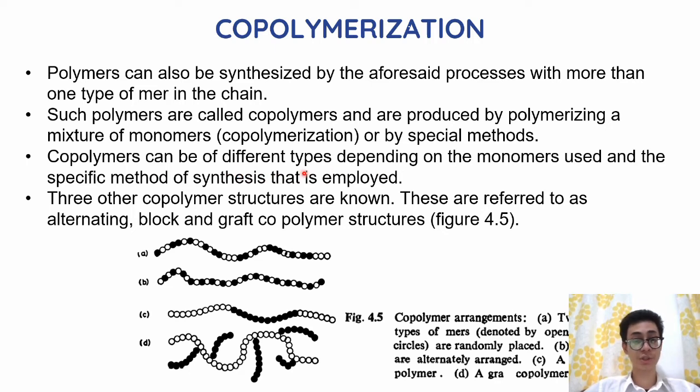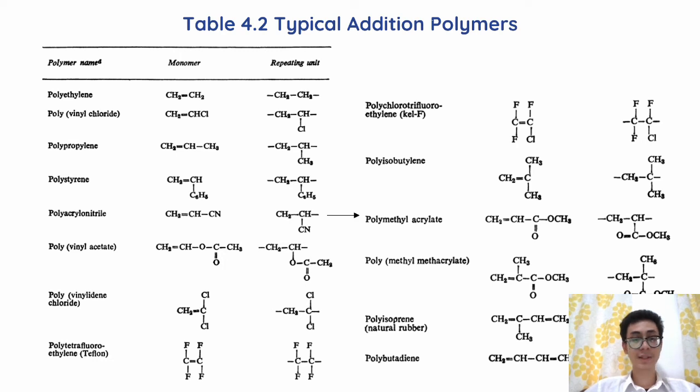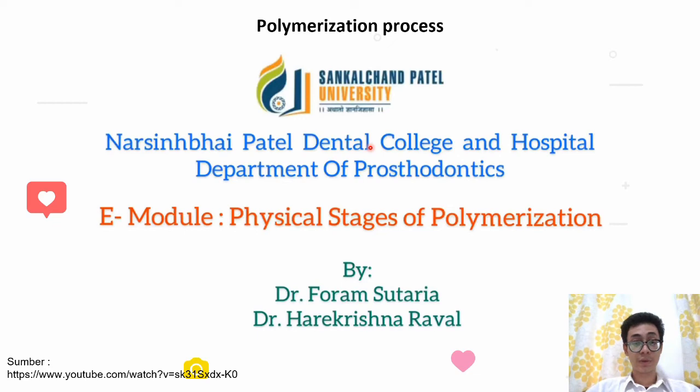Copolymers can be of different types depending on the monomers used and the specific methods of synthesis employed. Three other copolymer structures are known. These are referred to as alternating, block, and graft copolymer structures, like figure 4.5. This is table 4.2, typical addition polymers.